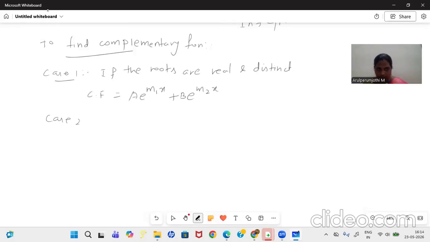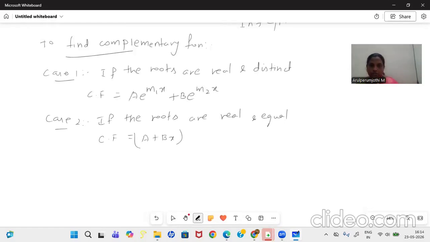And for case 2, if the roots are real and equal, then CF is equal to (A plus Bx) into e^(mx).